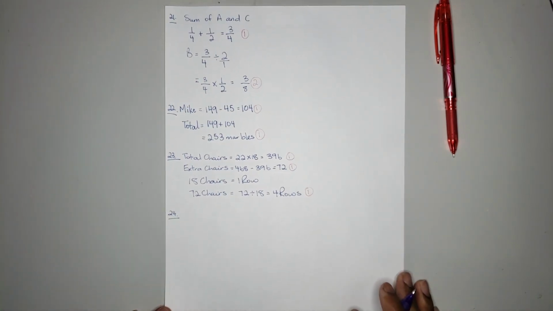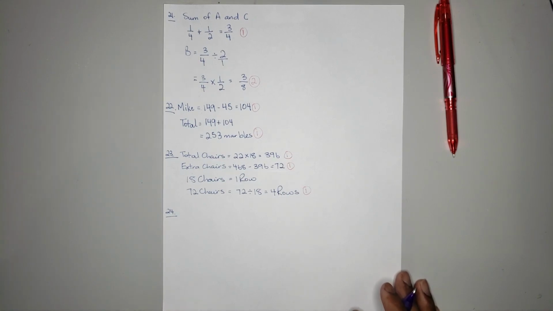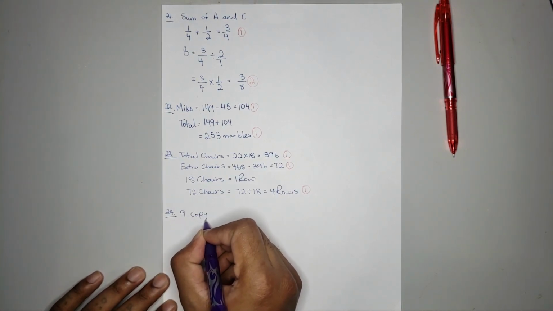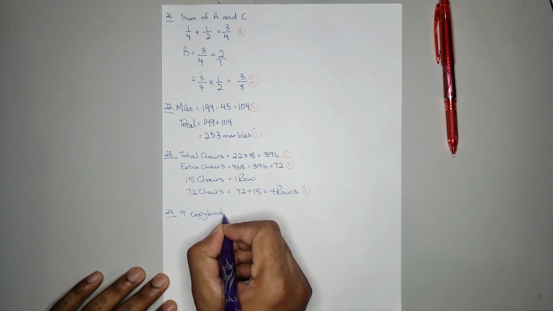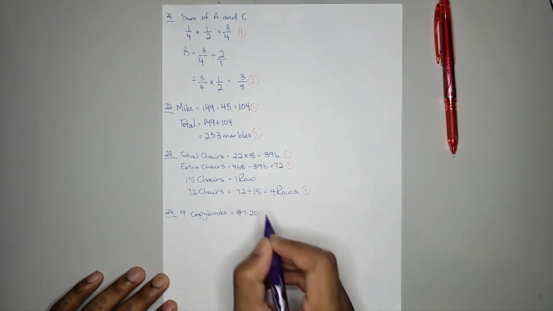Number 24. Number 24 states, at a bookstore, 9 copybooks cost $7.20. What is the cost of 2 dozen copybooks? 9 copybooks is equal to $7.20.